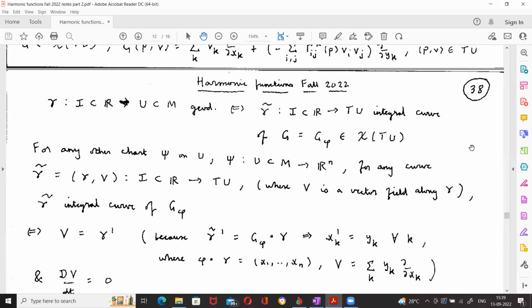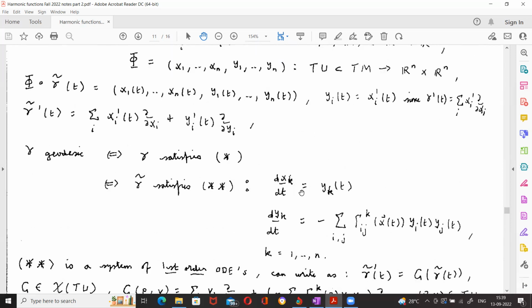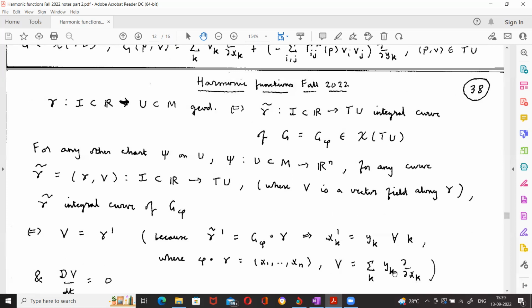then my differential equation's first set of equations is dxk dt equal to yk of t. So that means the yk's have to be equal to xk primes, so yk becomes equal to xk prime. This vector field V becomes summation xk prime del del xk, and that is exactly equal to gamma prime.